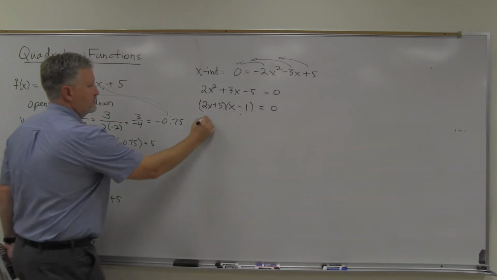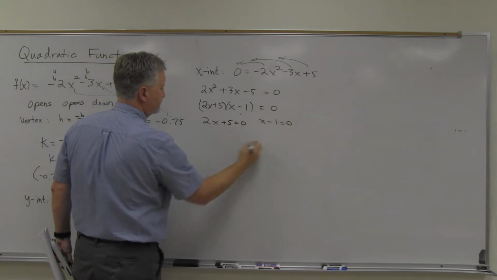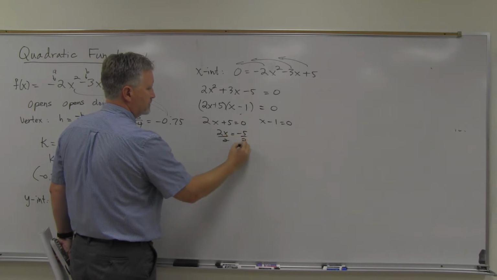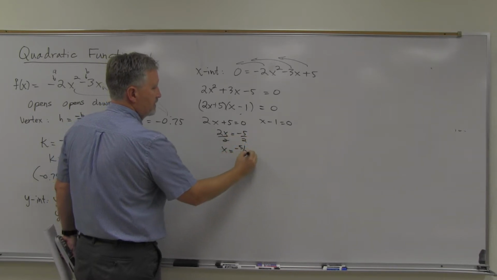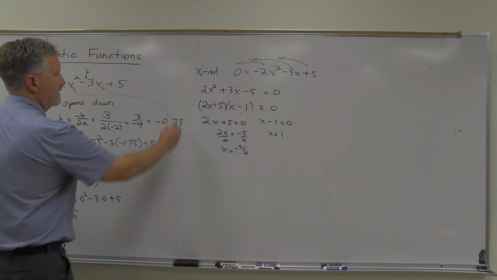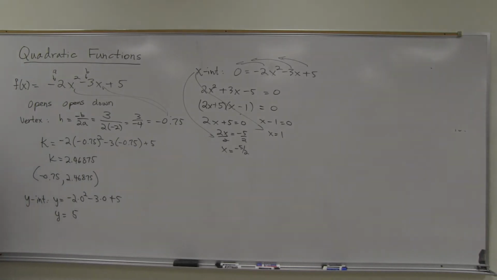And so you got 2x plus 5 equals 0, and x minus 1 equals 0. So subtract the 5 and then divide by 2 here. And then add 1, so x is 1. And so I've got my x-intercepts: 1 and -5/2. Y-intercept 5, my vertex, I think you got it.